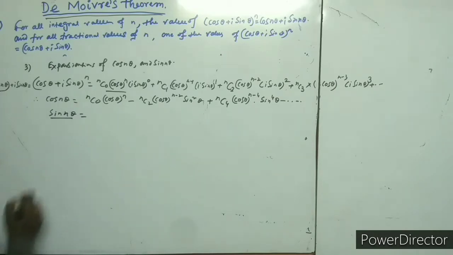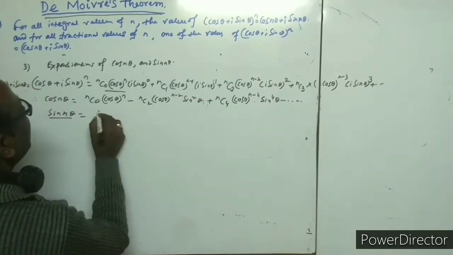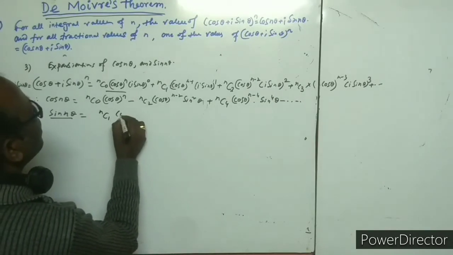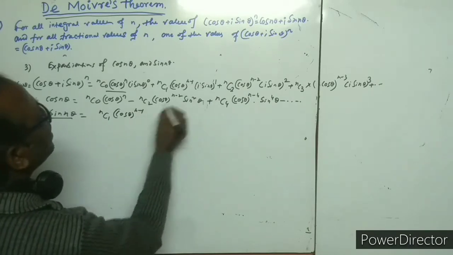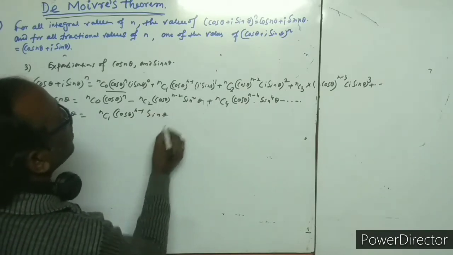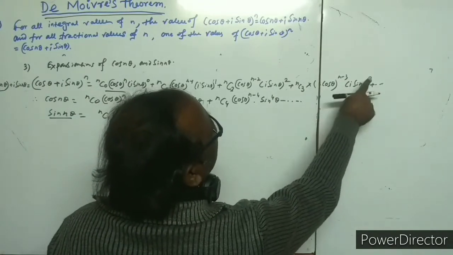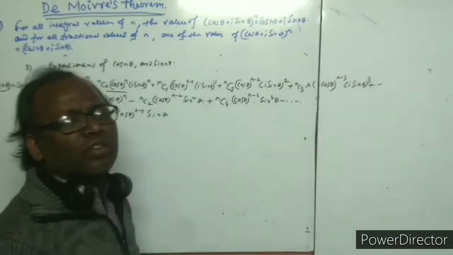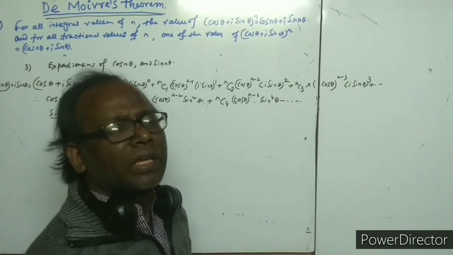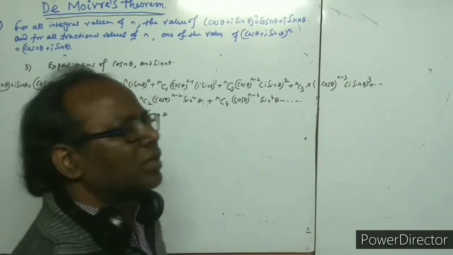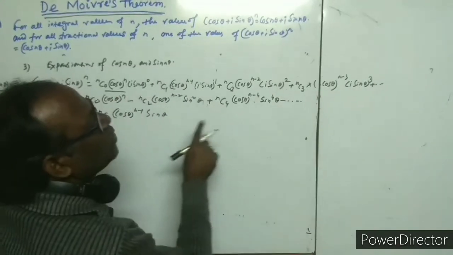This is the imaginary part on the left hand side, and see here the imaginary part on the right hand side: first nC1 cos theta to the power n minus 1 into sin theta. Okay, and see again this is 3, so i sin theta whole to the power 3. So i to the power 3 means i square into i. So i square means minus 1. So minus i here. So we can write here only the coefficient.